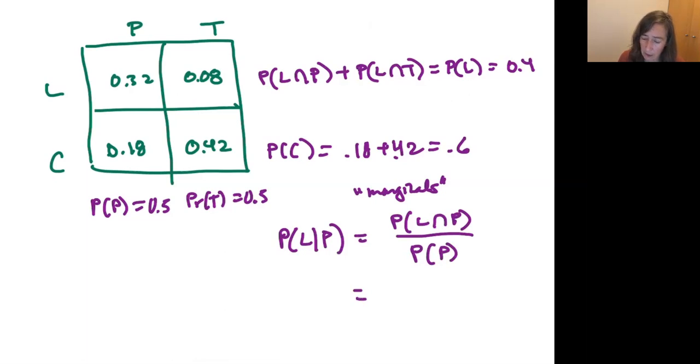We have the probability of being liberal and progressive, that's right here, 0.32. And we also have the probability of just being progressive, that's our marginal here, 0.5, and that is 0.64.